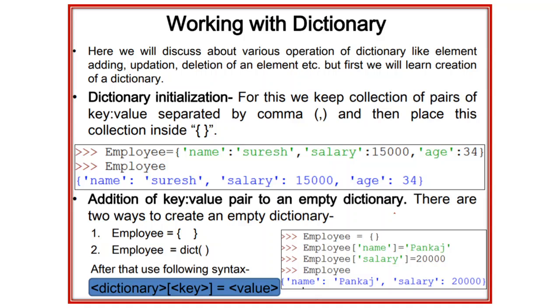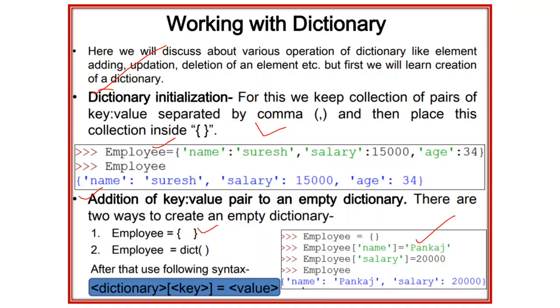Working with dictionary, let's see how to initialize the dictionary. Now here I have taken an employee dictionary and assigned a few keys and values to this dictionary. Adding of key value pair. How can we add a new key value pair in the dictionary? Take an empty dictionary.